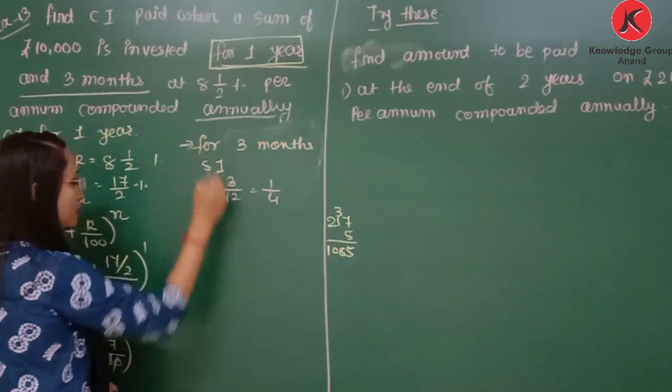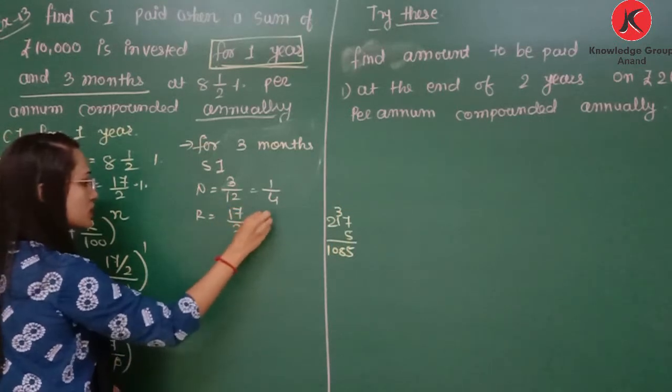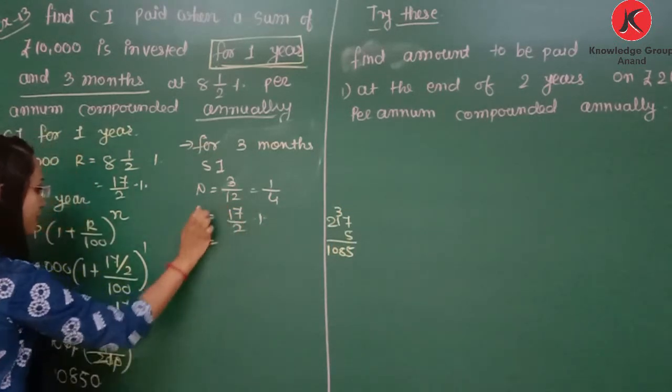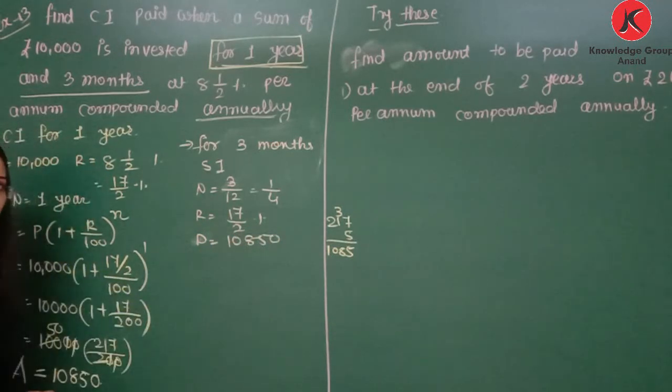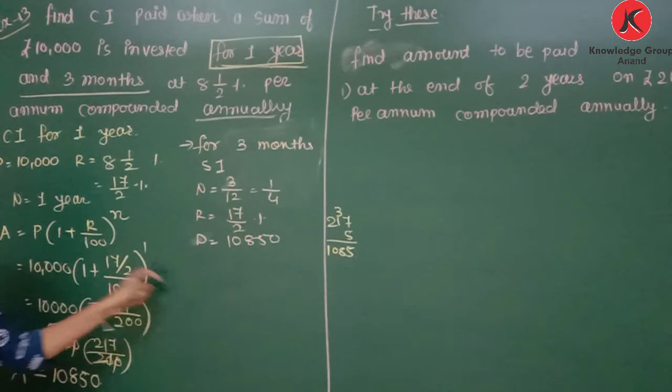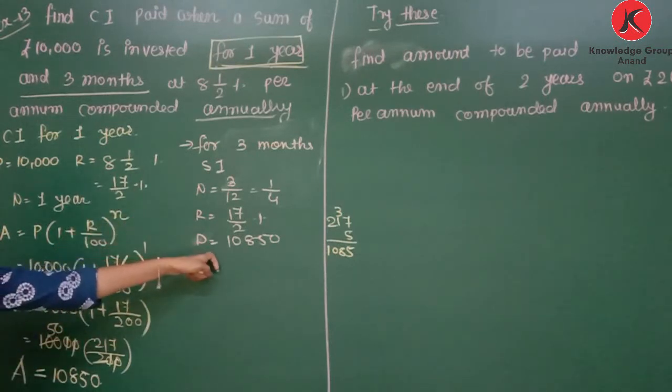Rate of interest will remain same, that is 17/2%, and P will be 10,850. Okay, because we are finding the compound interest, so amount of previous year becomes principal of next year.